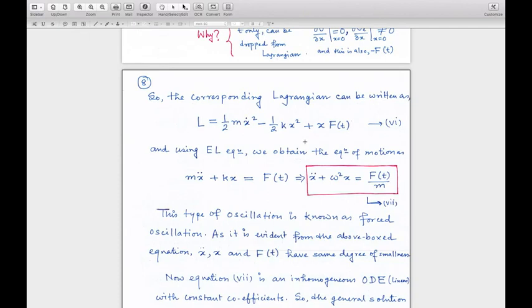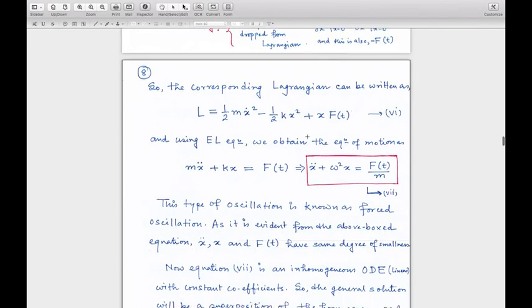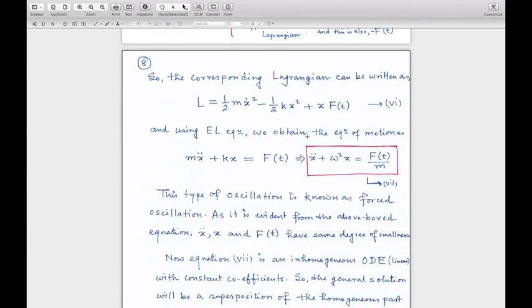This is one source of perturbation which can be expressed in terms of a force. The perturbation can also be given using some impulse, but here we are just talking about a sustaining force. So for a forced system, the perturbation is caused by a sustaining force.